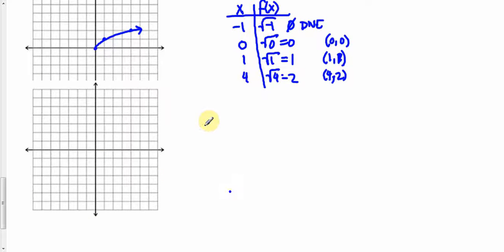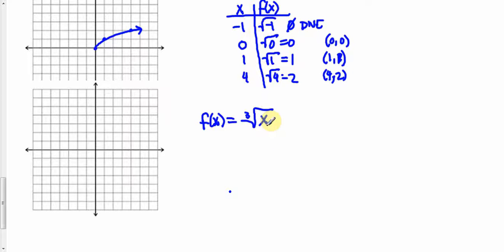All right, what if I said let's do the cubed root of x? So f of x equals the cubed root of x. Can I take the cubed root of negative numbers?